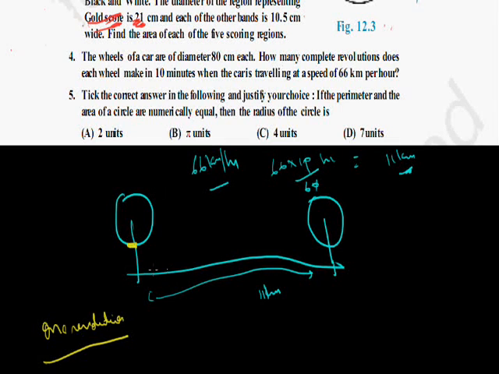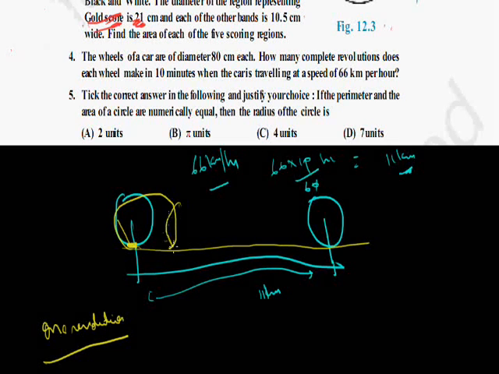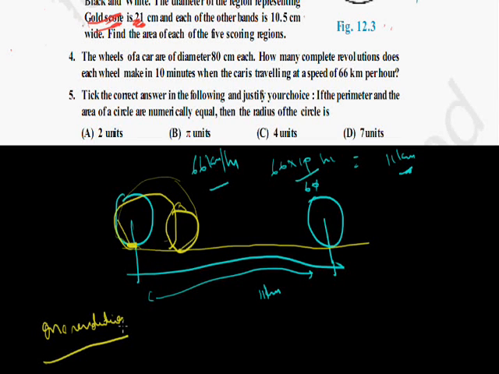When this point moves like this and comes here again, making a circle, this is called one revolution. In one revolution, this bottommost point, or each point, is shifted by 2 pi r, because the circumference is 2 pi r, right? So the distance in one revolution is 2 pi r.